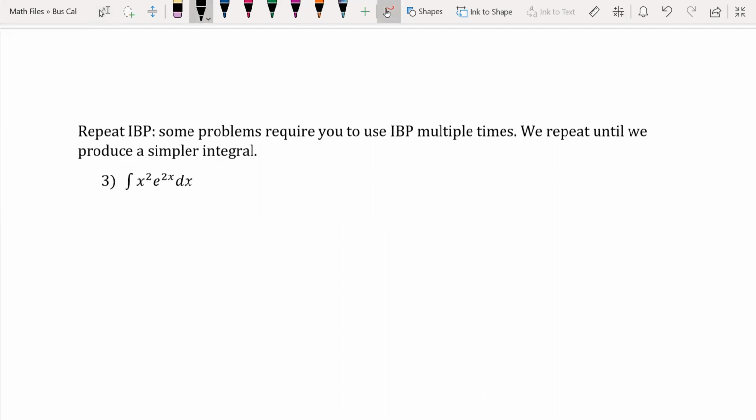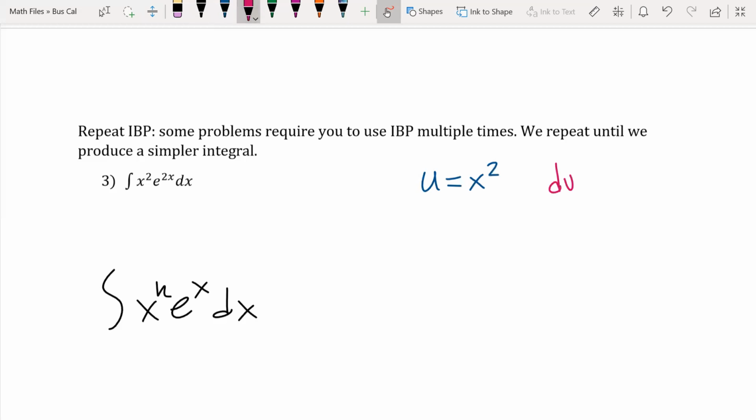This is in the form of the integral of x to the n e to the x dx. And remember, if it's in that form, then we always let u equal x to the n. So here, u is going to equal x squared, and then dv is going to equal e to the 2x.